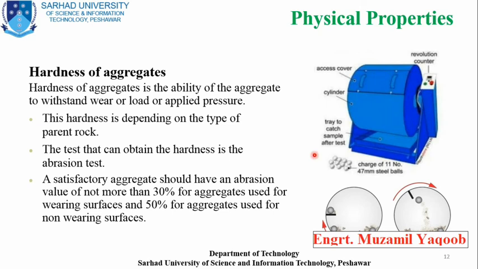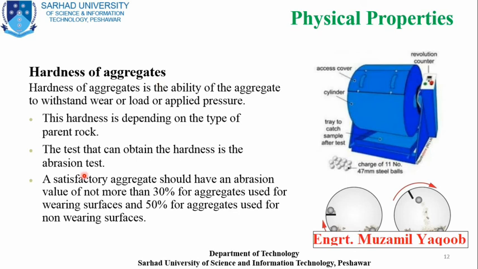In this apparatus we have 11 iron balls, steel or iron balls with a diameter of 47 mm, and we place aggregates with these iron balls and rotate them. By this method we find the hardness of aggregate.